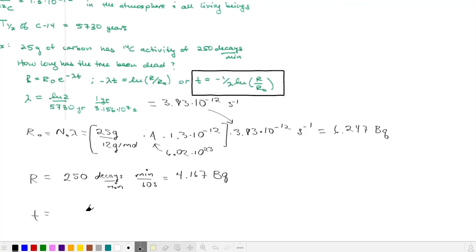Let's see, lambda is... Well, all right, that's fine. I'm going to have to convert this into years at the end. I was going to say, let's just keep lambda in terms of years, but anyway, I went down this road, so I'll just finish it.